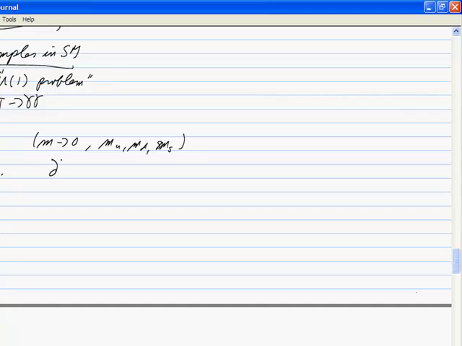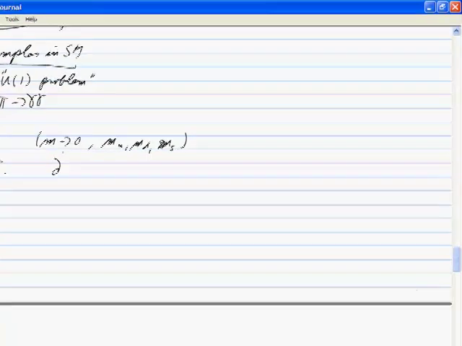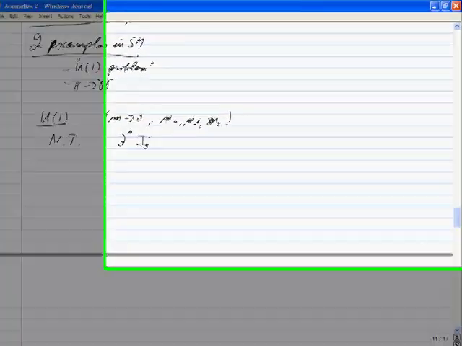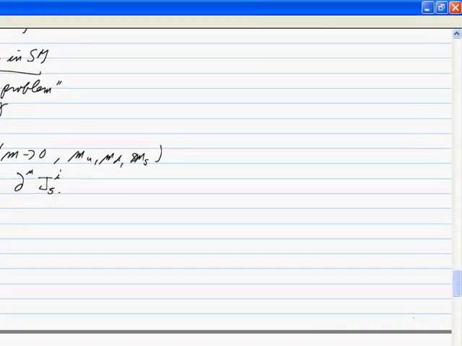We'll find the Goldstone bosons from Noether's theorem, and there are conserved axial currents related to those Goldstone bosons, and there'll be 9 of them, I equals 1 up to 9.